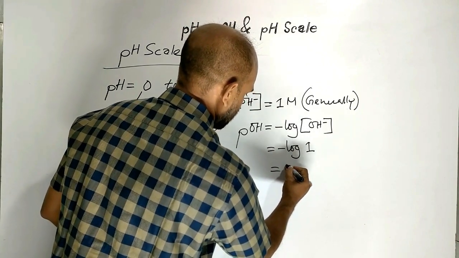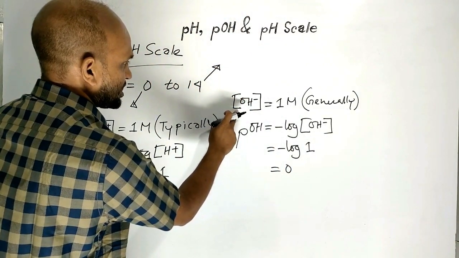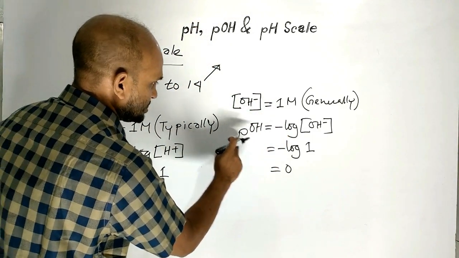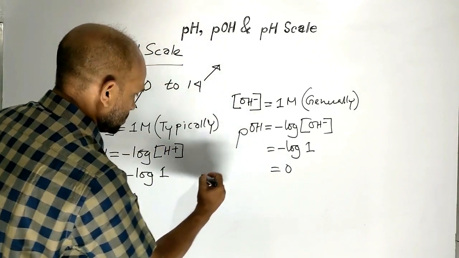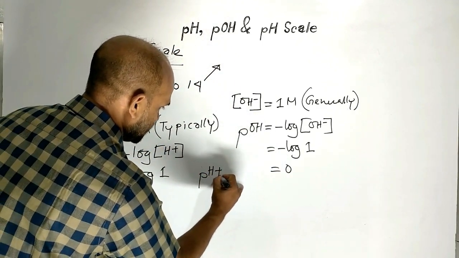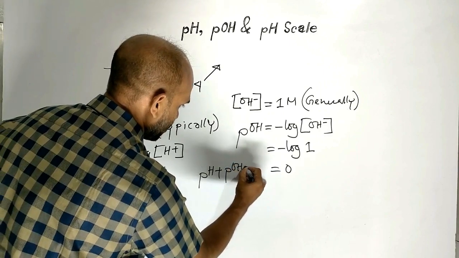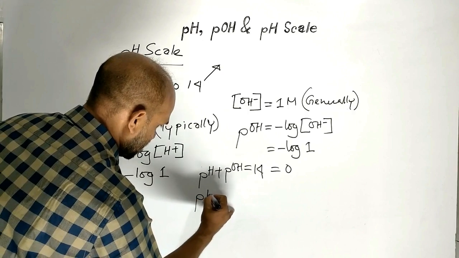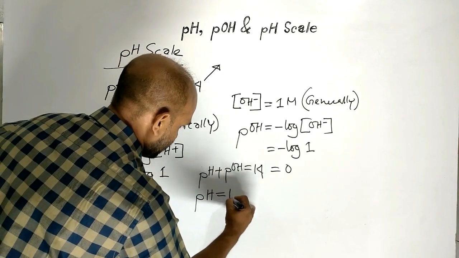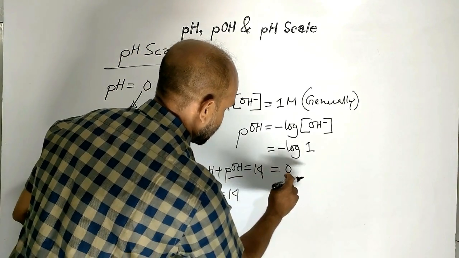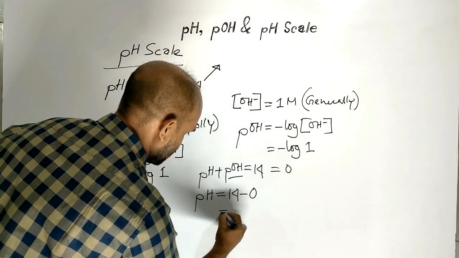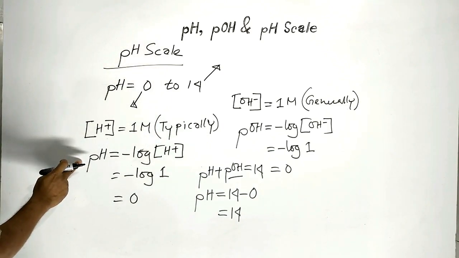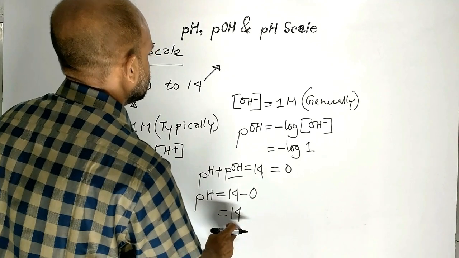This is 0. When concentration of hydroxide ion is 1 molar, then pOH is 0. In this case, what is pH? pH plus pOH is equal to 14. We know this. Now, pOH value is 0, so pH is 14. It means pH value 0 to 14.